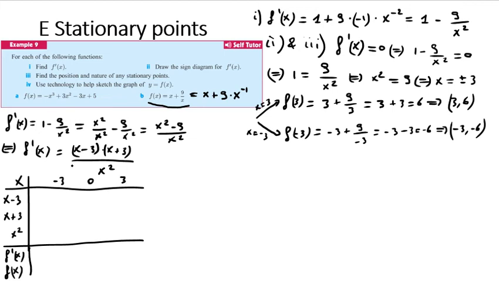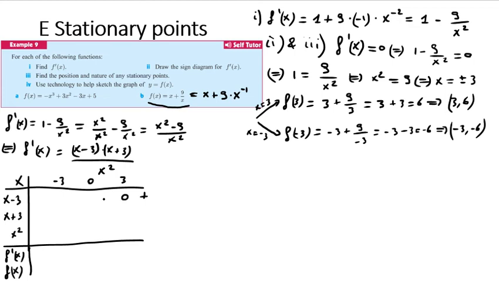So x minus 3 is 0 when x is equal to 3, and above the 3 it's positive, because when we fill in, for example, x is equal to 5, 5 minus 3 is positive. When it's below 3, it's negative, because for example 1 minus 3 is minus 2, which is negative.